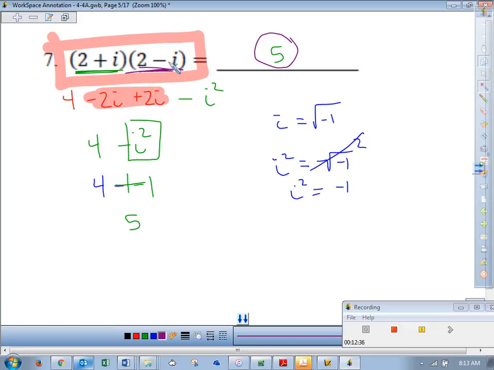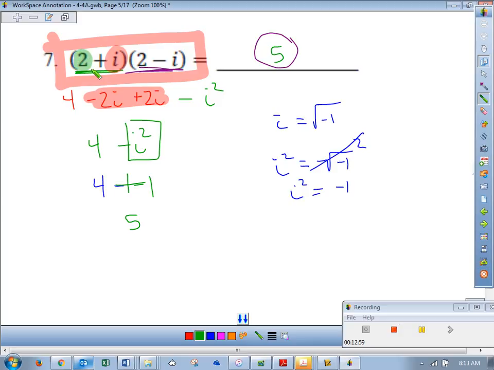Those are called complex conjugates because these are complex numbers. A complex number has some imaginary numbers in it. Isn't that an imaginary number right there? And it's got this in there. That's a real number. Isn't 2 a real number, part of the real number system that you know? If you have a sum or difference of a real number and an imaginary number, that's called a complex number.